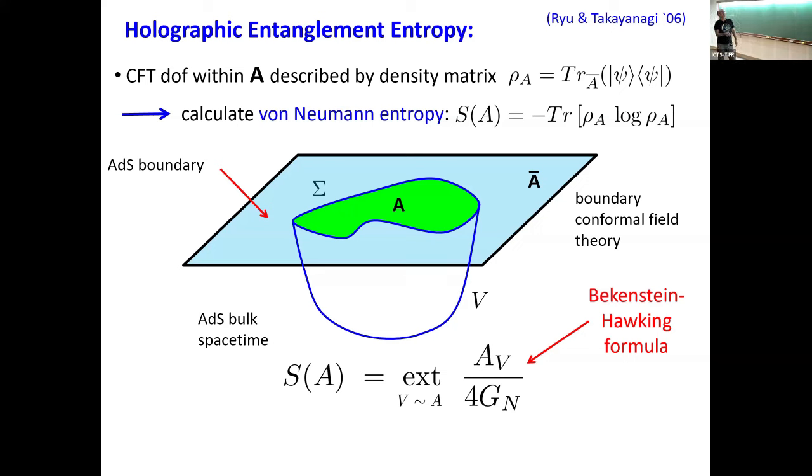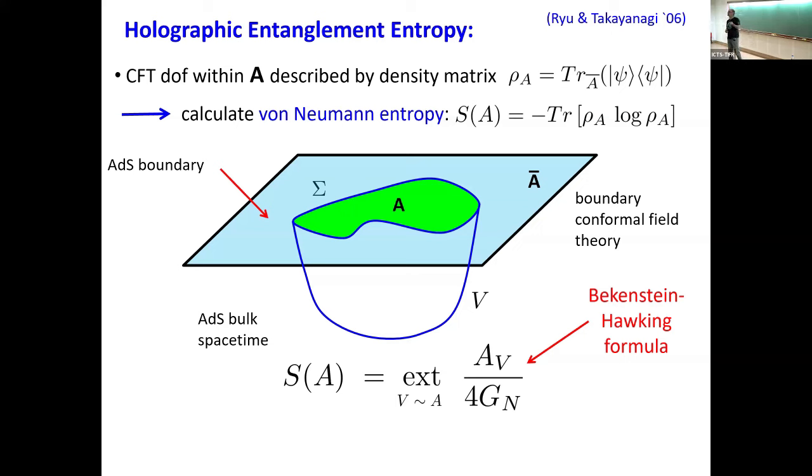We look at a particular region on a time slice and integrate out the degrees of freedom in the complementary region. That leaves us with this density matrix. Then to measure the correlations or the quantum entanglement between the degrees of freedom here and in the complement, we evaluate the von Neumann entropy, or alternatively the entanglement entropy of that density matrix with the usual formula.